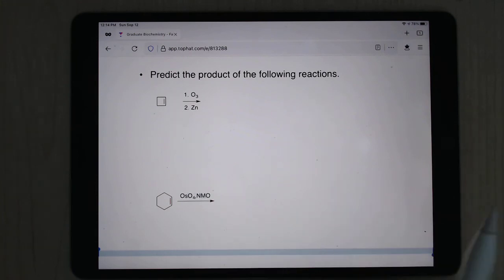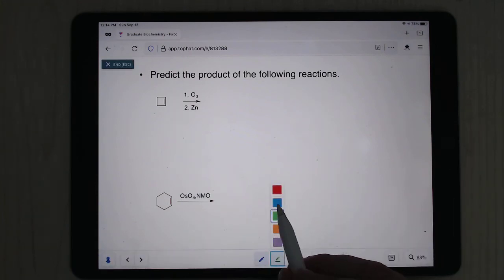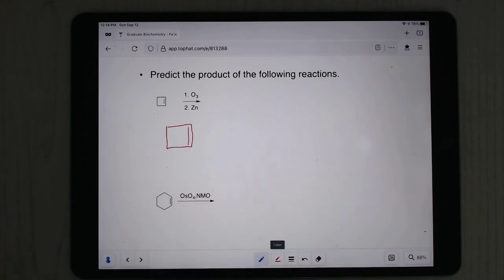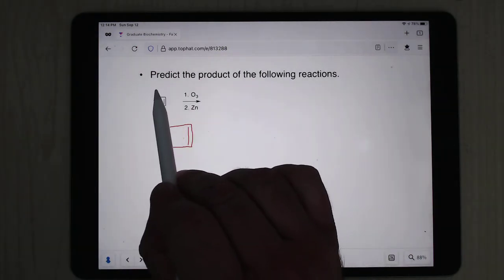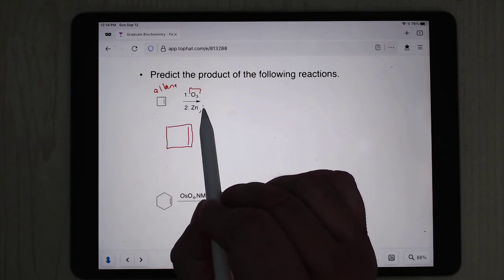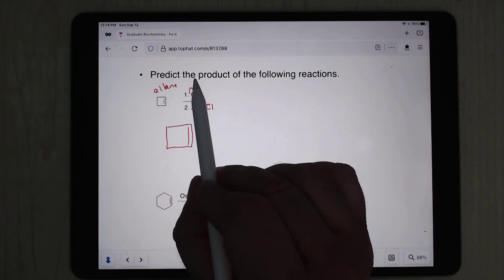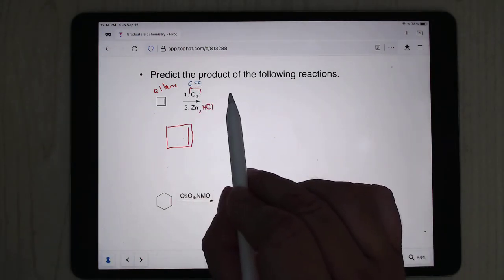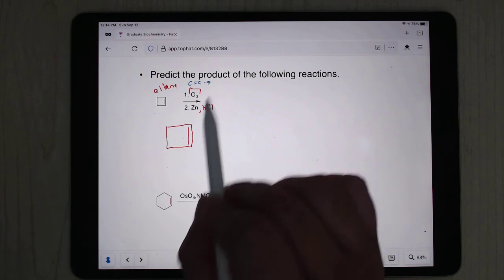Now for predict the product. If you've got this, I'm going to draw this a little bit larger. So you've got this alkene, ozone. This should be plus HCl or something like that. What does this do? Well, it picks an alkene and it slices it.